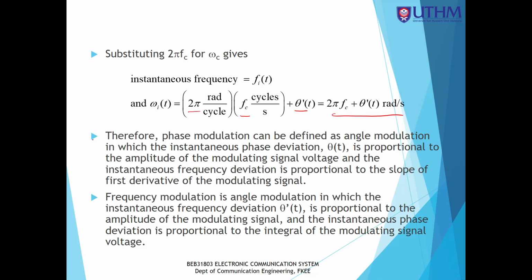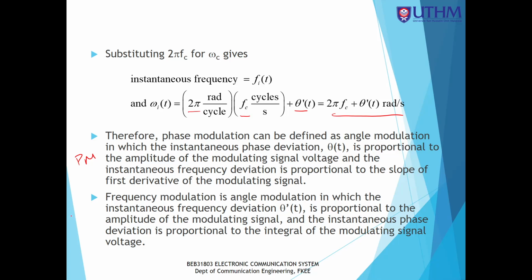So you see that PM, phase modulation, is defined as the process of changing the phase of the carrier in accordance with the amplitude variation of the input message.